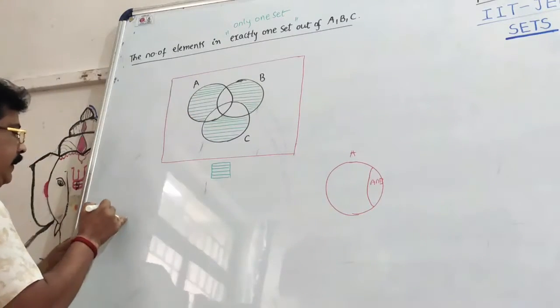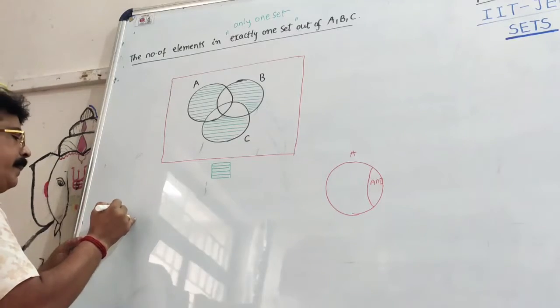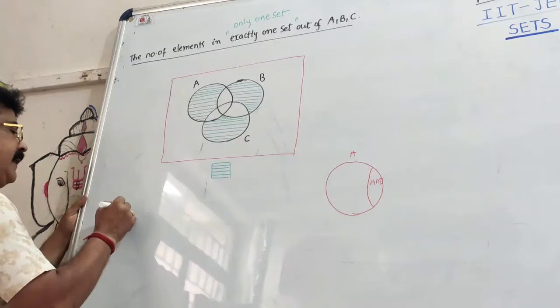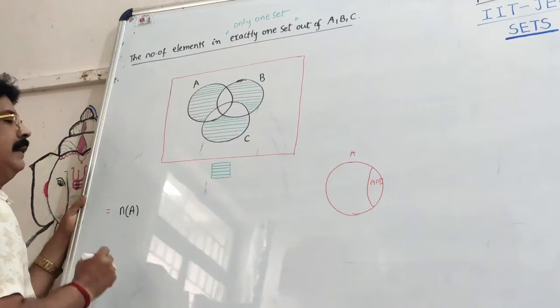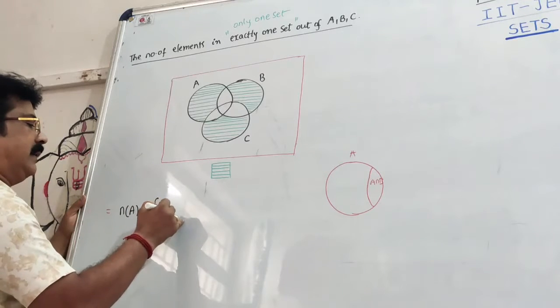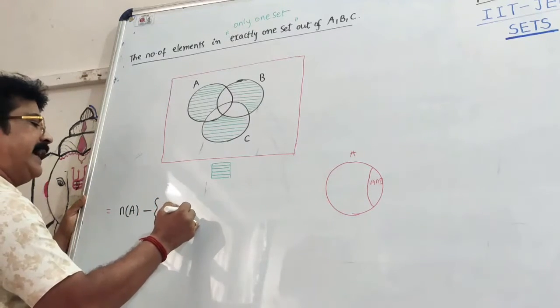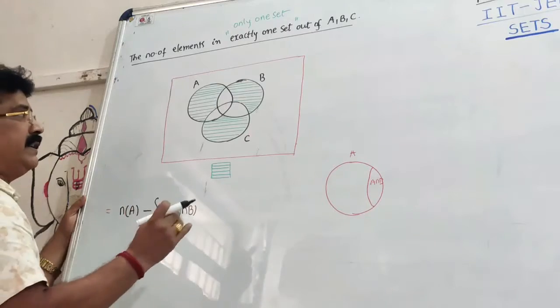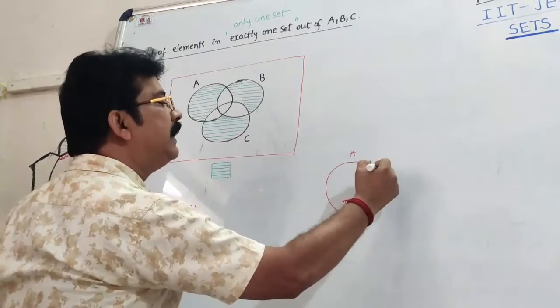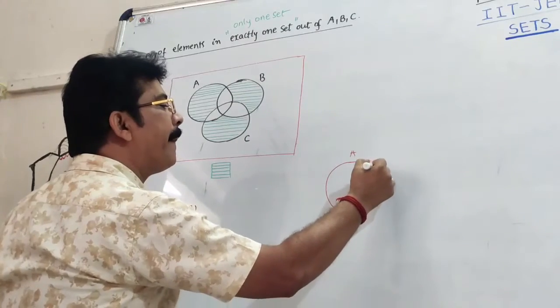So that is equal to n of A, in which we are subtracting n of A intersection B, meaning we are deleting this area.